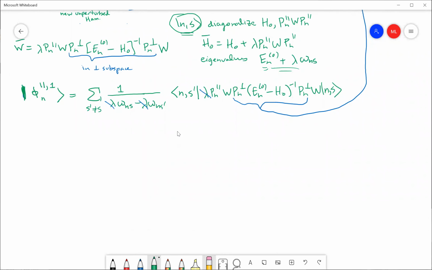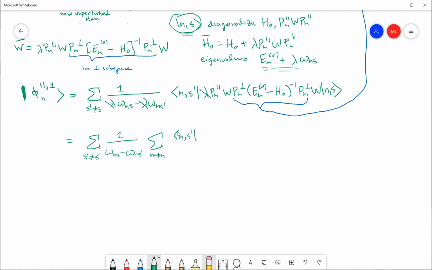We get that this is equal to the sum over S prime not equal to S of 1 over S minus B and S prime. Then we have our sum over M not equal to N, and again we have N S prime.